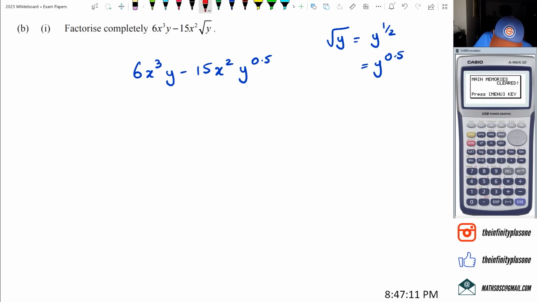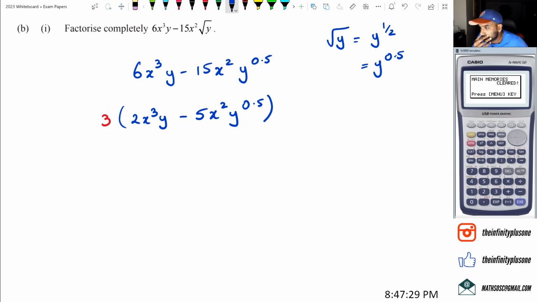So first off, I'm going to take out 3 as a common factor. When I take out 3 as a common factor, 6 divided by 3 is 2x cubed y, minus 15 divided by 3 is going to be 5x squared y to the power of 0.5.